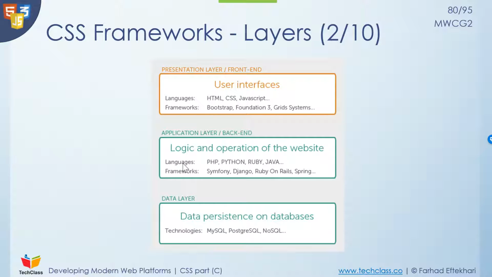There may be different languages like PHP, Python, Ruby, Java, or ASP.NET, and then you may also use different kinds of frameworks like .NET, Symfony, Django, Ruby on Rails, Spring, and others. Then you also have the data layer, where you store the information and data of your application. If you have users who have some kind of profile, you use databases as your data layer.